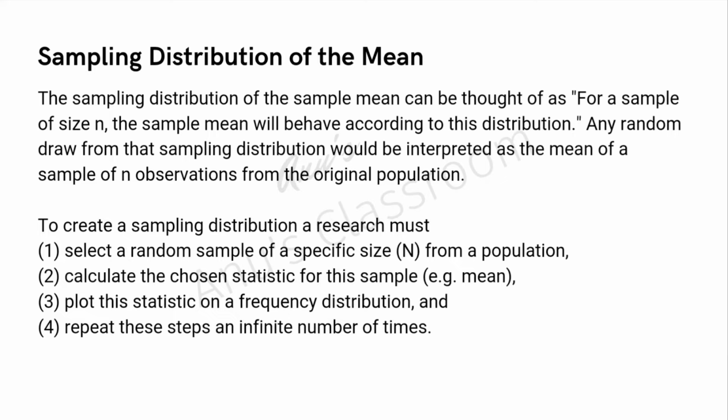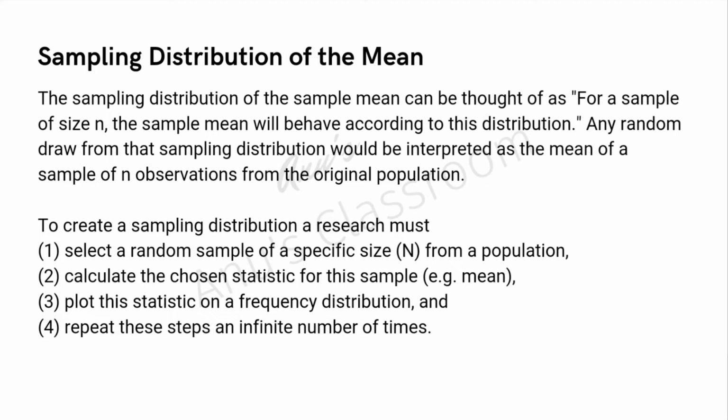If we collect 1,000 people from Thrissur as a sample and find the mean height of those 1,000 people, then the mean height of the sample will behave according to this sampling distribution. Any random draw from the sampling distribution can be interpreted as the mean of a sample of n observations from the original population.